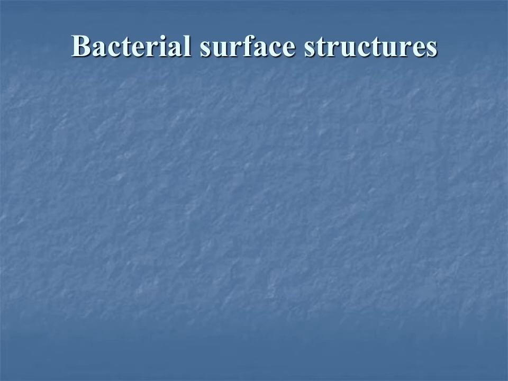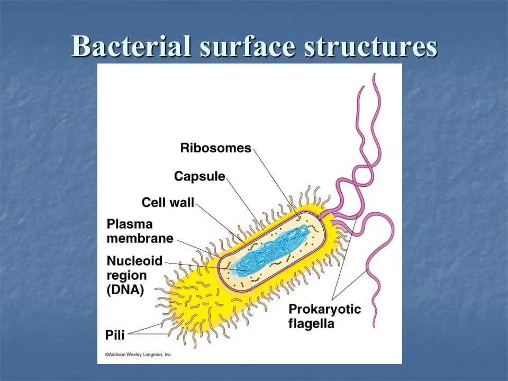You can see that on the cell wall there can be villi, and inside the cell wall envelope is situated the nucleoid and cytoplasm, and in the cytoplasm you can notice ribosomes.